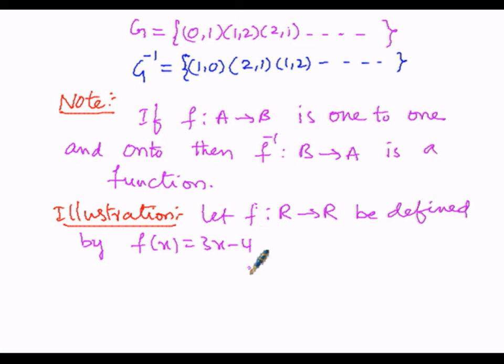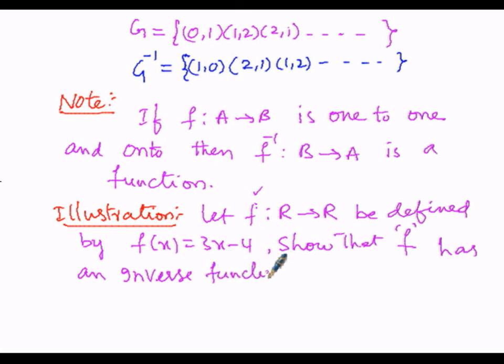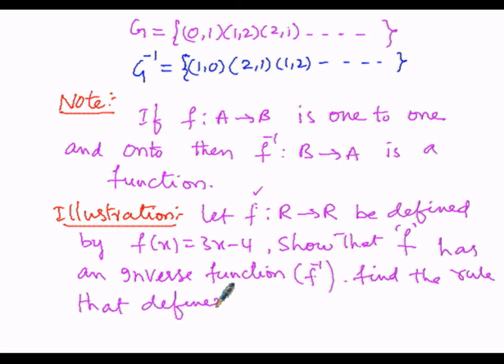Here we have to show that the given function f has an inverse function. The inverse function is generally denoted by f inverse. We have to show this, and at the same time we have to find the rule that defines this f inverse, that is the inverse function. So for this illustration, the proof is as follows.